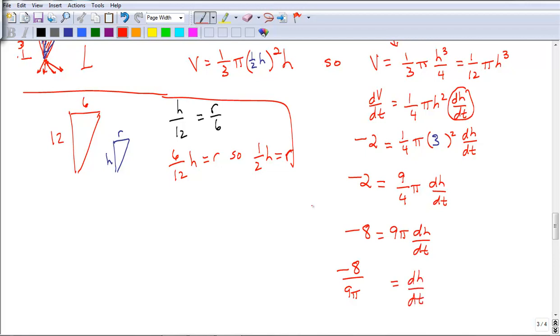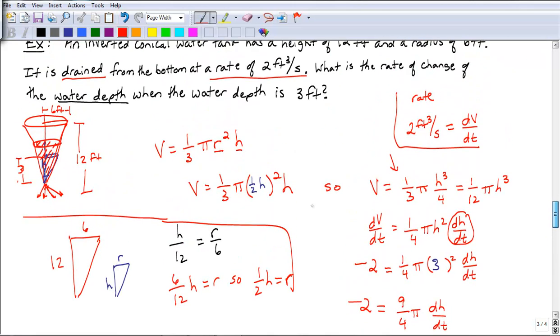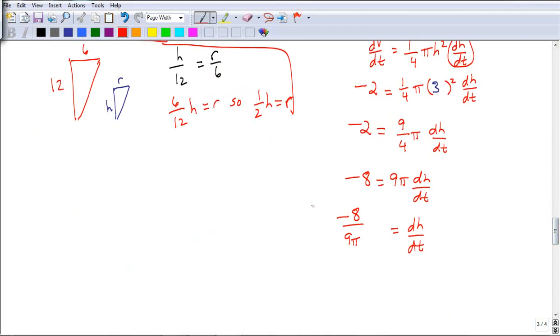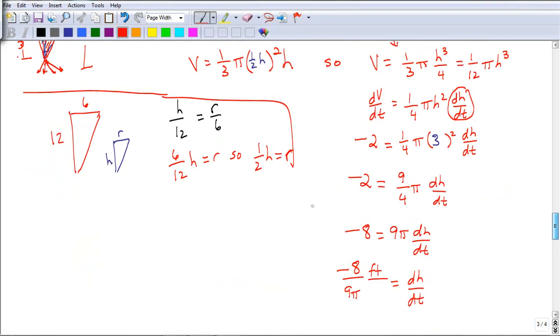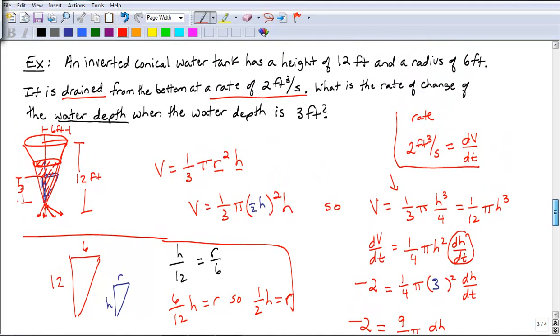It's negative because the height is getting smaller. It's draining. The units are feet for the height, and the time units are seconds. So notice that this was a lot tougher because I needed to use a similar triangle to figure out how r and h are related.